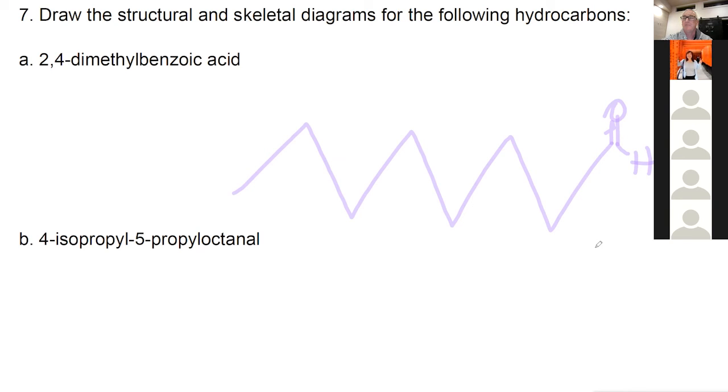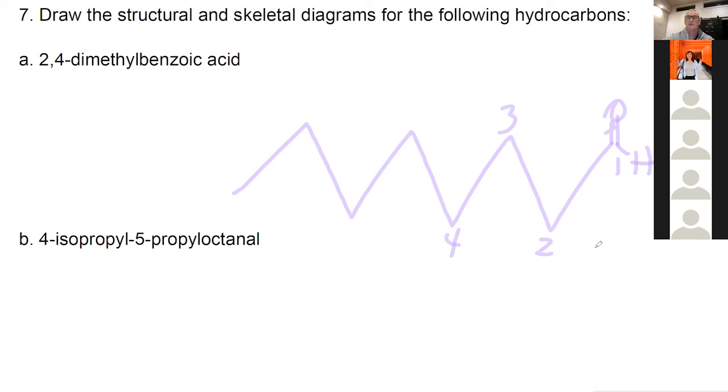I think I've seen it both ways. So if you want to put the hydrogen there to represent an aldehyde, I'm fine with it. I've seen it with the double bond, with the hydrogen there and without. So either way.